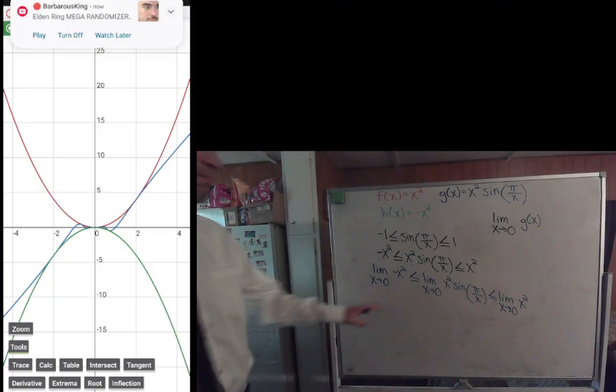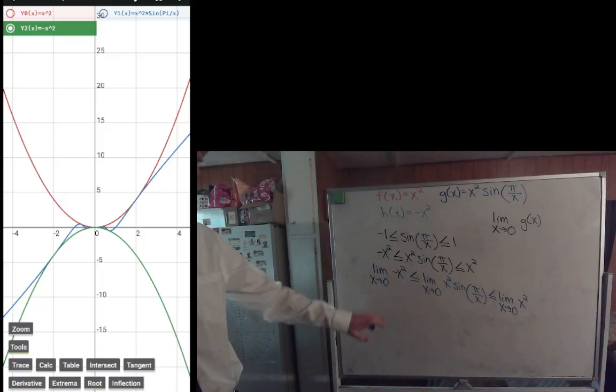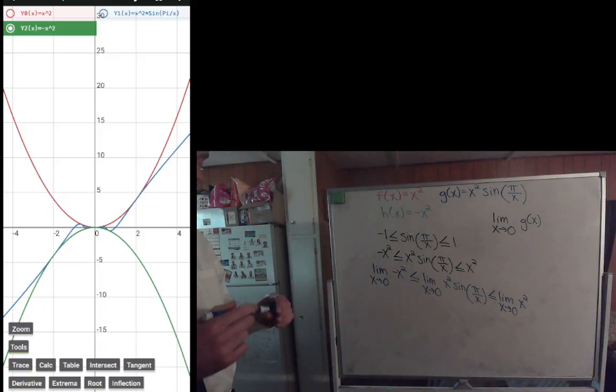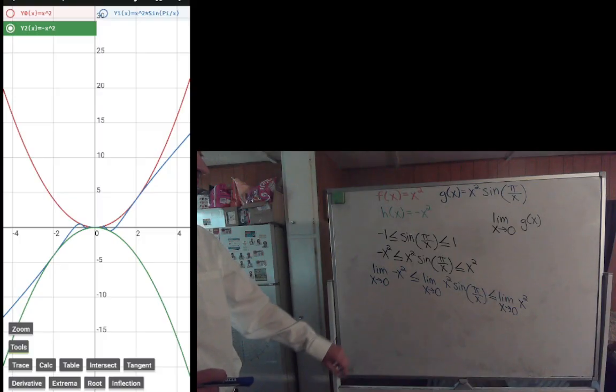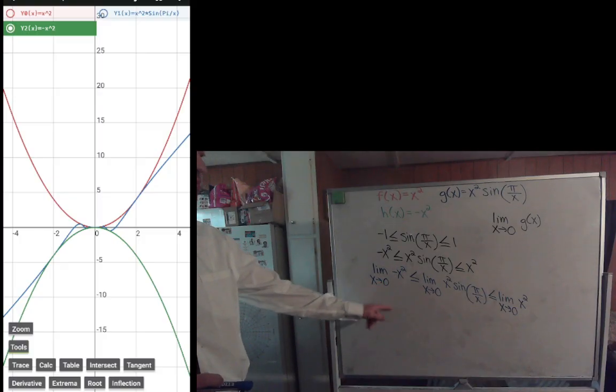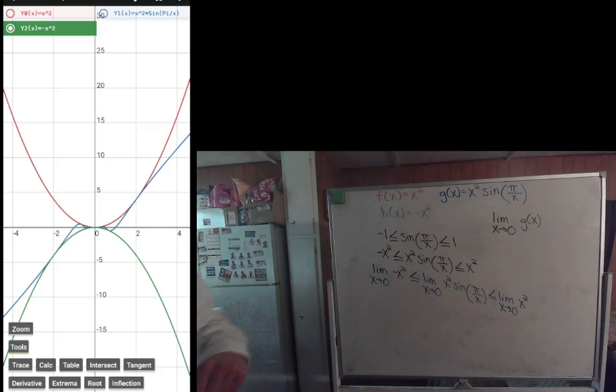So now we've got the limit of each of these pieces. So let's deal with the left and right hand side. The left side is going to be the limit as x approaches 0 of negative x squared. We can just use direct substitution.